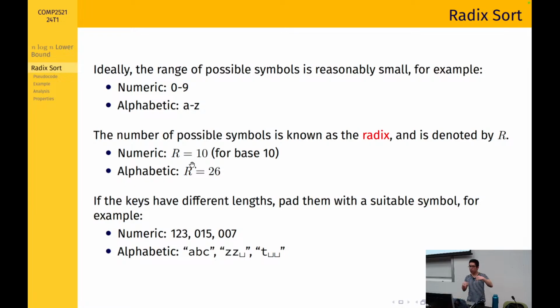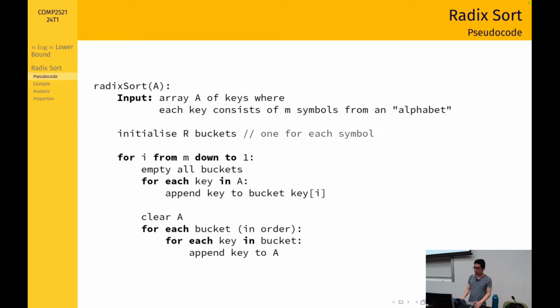So what radix sort does is it actually creates a bucket for each of these symbols. We initialize R buckets, and if you need a padding character, then that would just add 1 to the number of buckets. So we initialize R buckets, 1 for each symbol.